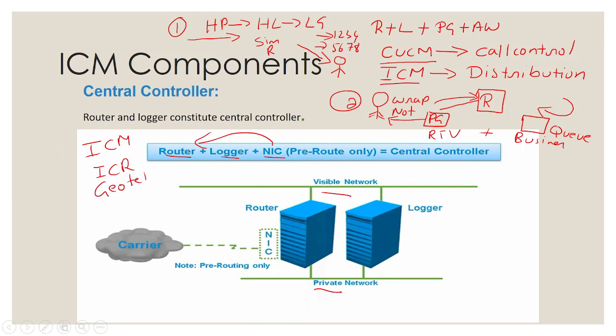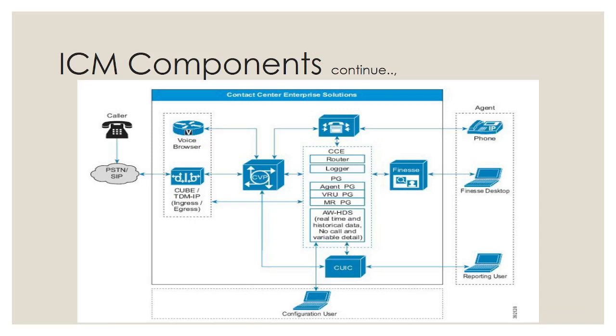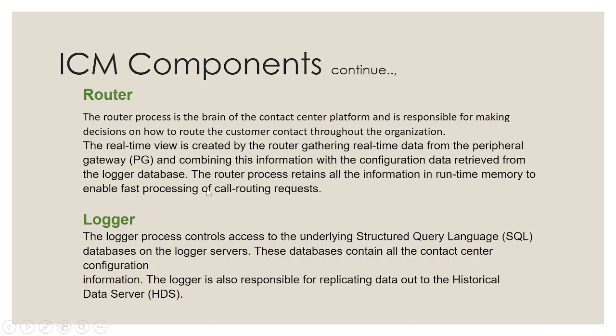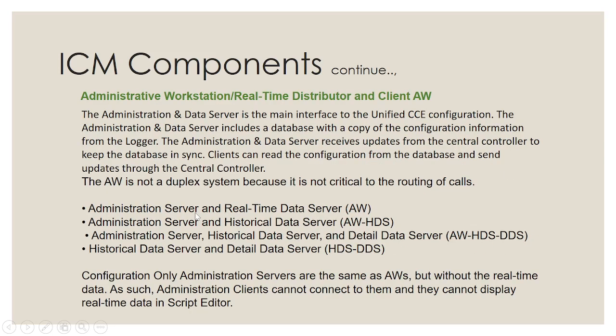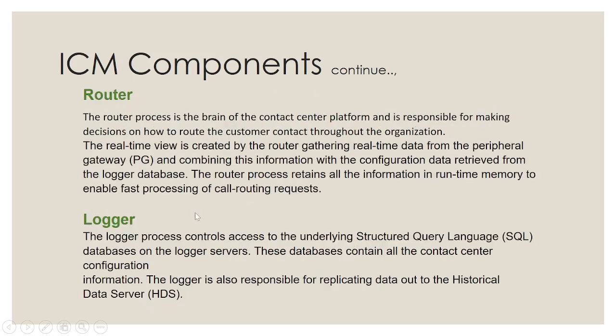Let's go to the other components now, that is AW and the PG. Let's take a glance at this. The router process is the brain of the contact center and is responsible for making decisions, right?